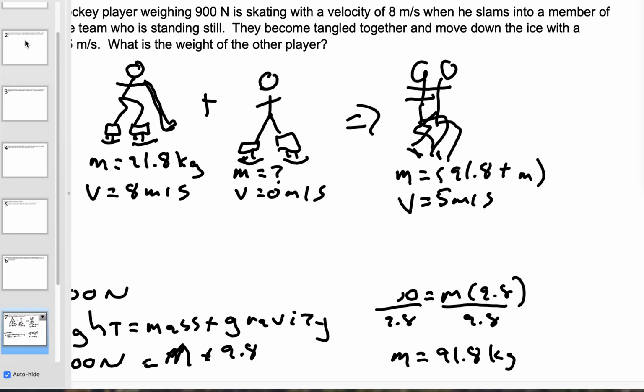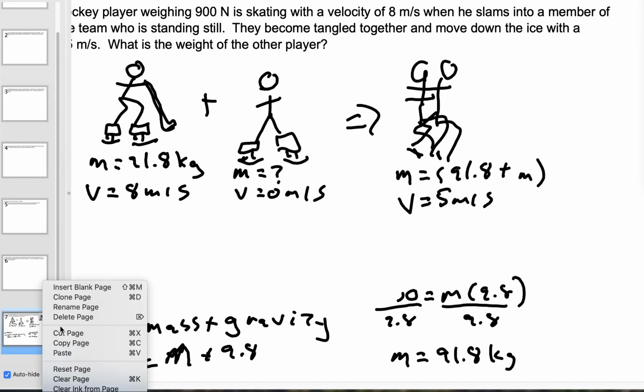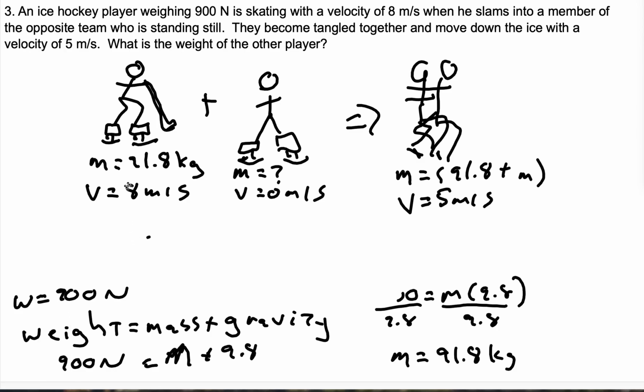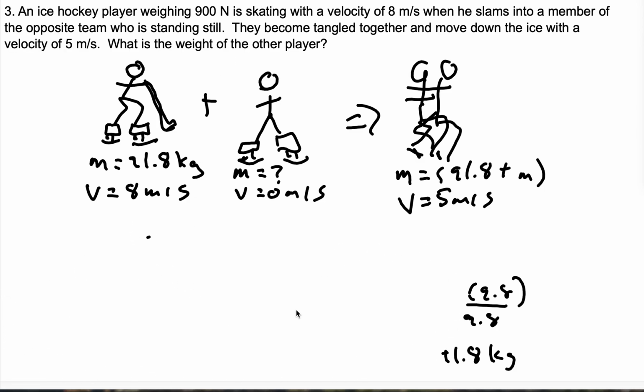So I need more space. I'm going to clone this page and delete some of the stuff from it, the part down here where we figured out mass from weight. Now in this problem, this is like any other collision momentum problem. I'm going to take m times v for every object before they collide, and set it equal to m times v for every object after they collide.